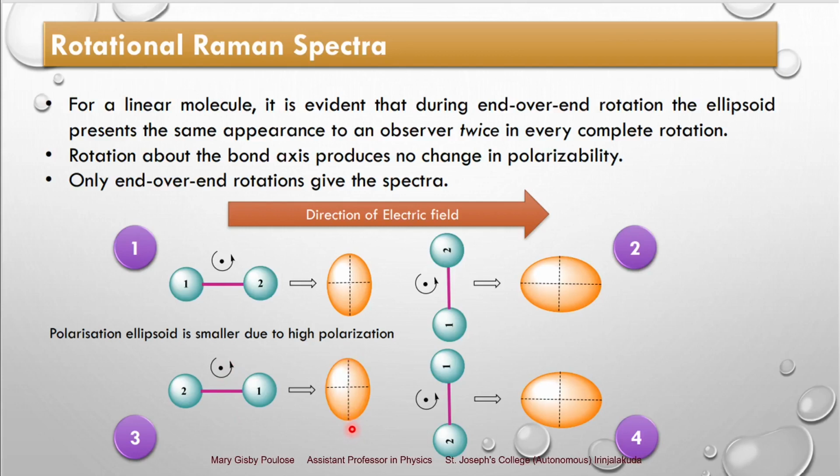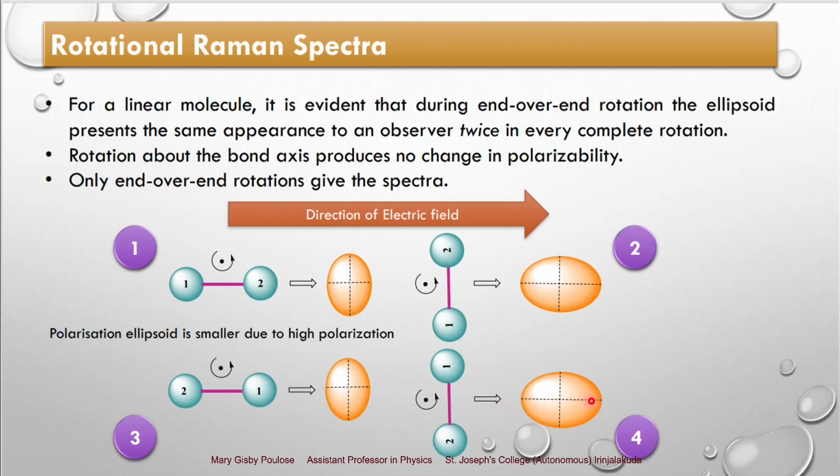So here we can see that in the first case and in the third case, the ellipsoid is taking this shape. It is coming twice in this shape, but it is appearing the same to the observer. Now in the fourth case, when the molecule rotates another 90 degrees, it comes to this position. The polarizability being maximum in this orientation is represented with the least distance in the ellipsoid here, and the polarizability being minimum in this orientation is represented by the maximum distance.